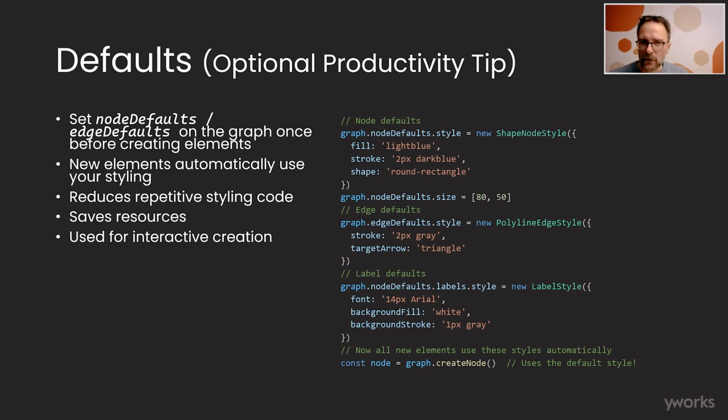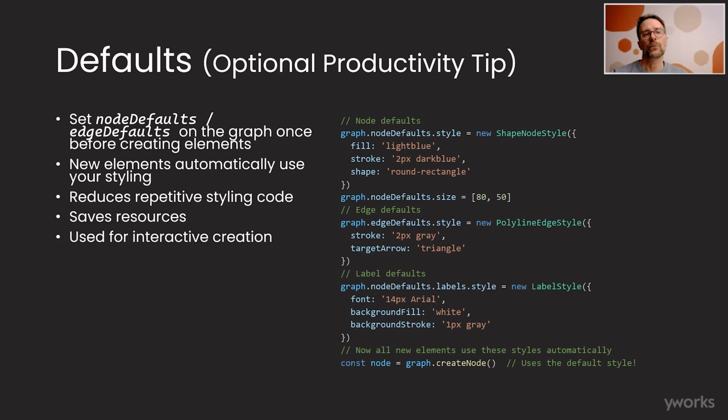Speaking of defaults, you don't always have to specify for each and every node and edge what style to use. Instead, there's a property on Graph which is called node defaults, and there's also a property called edge defaults. On these, you can specify properties like the style or the size, and then pass in an object.